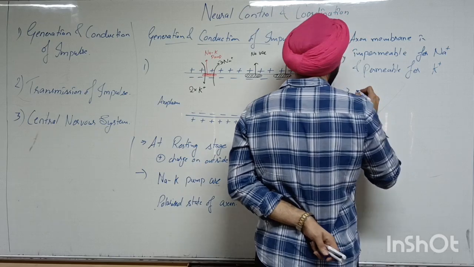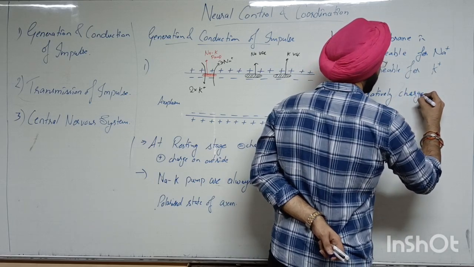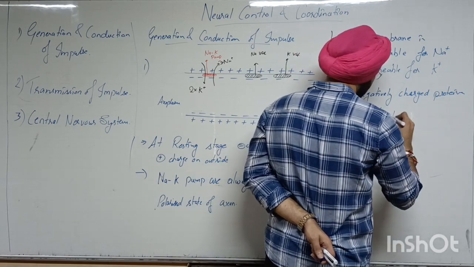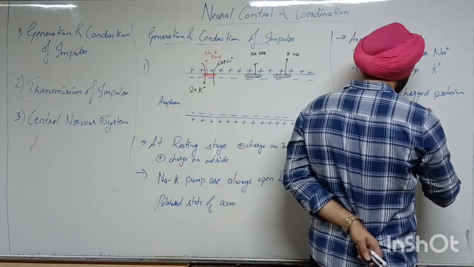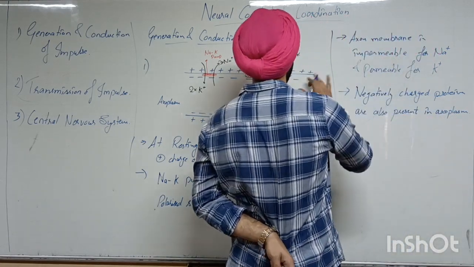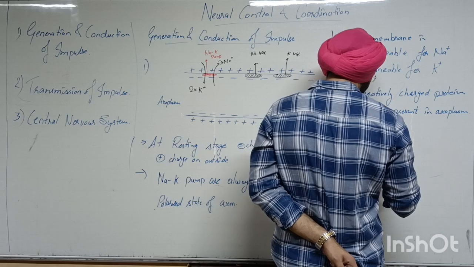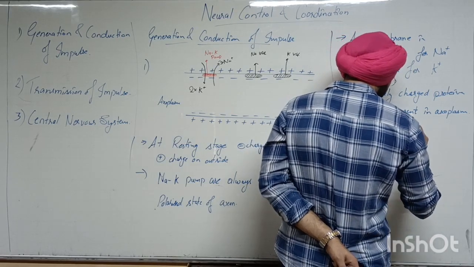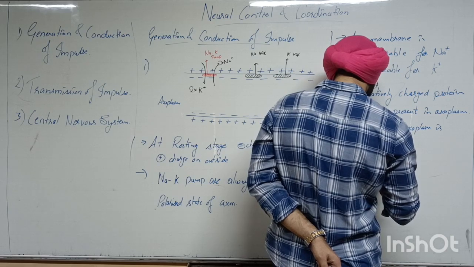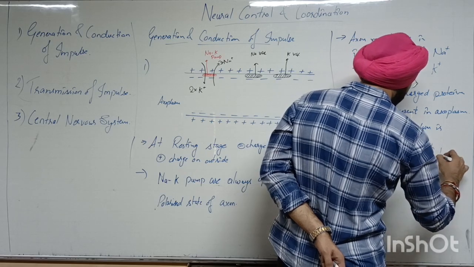So here I am writing: negatively charged proteins are also present in the axoplasm, and the membrane of the axoplasm is also impermeable for such proteins.